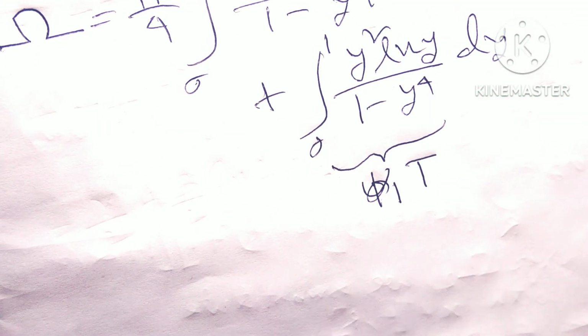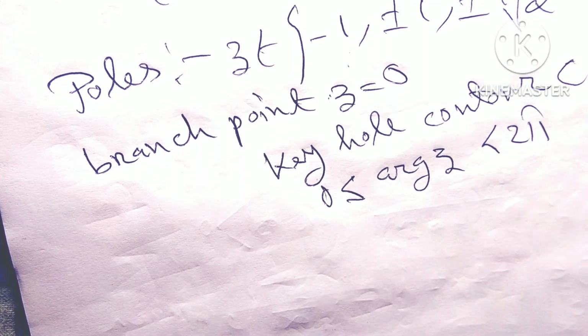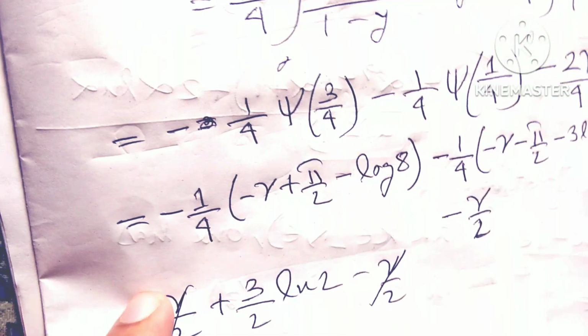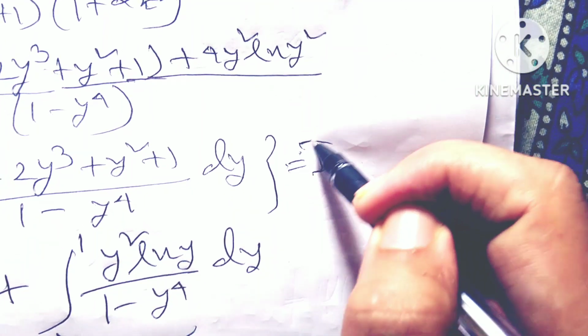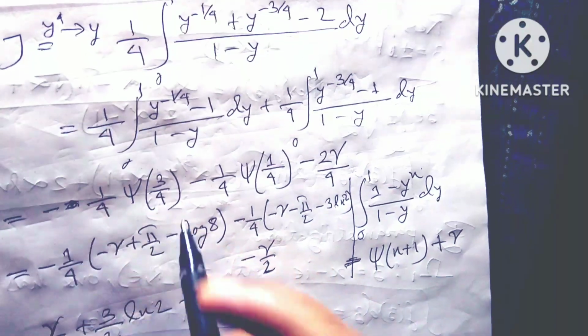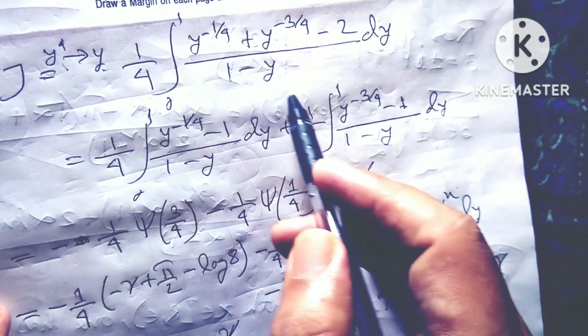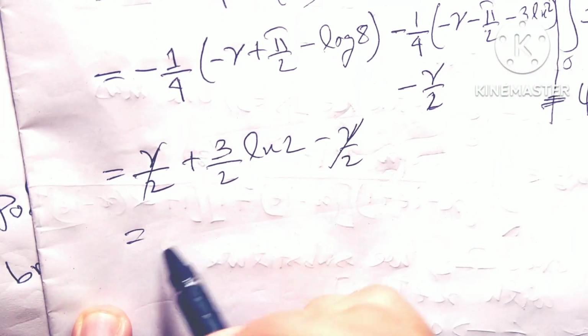Now we want to see that in case of J, I can write this function as J. So the J value I get is a digamma function, y to the power 4 tends to y, and after that this value is up to 3 by 2 ln 2.